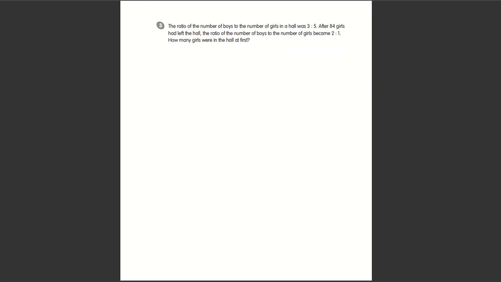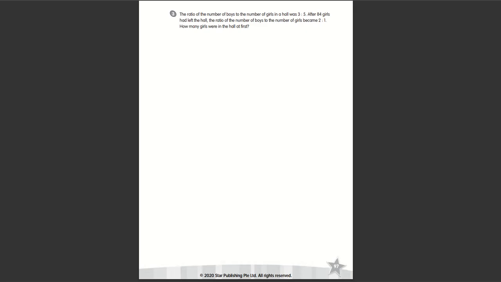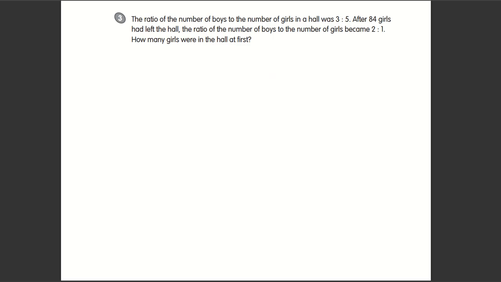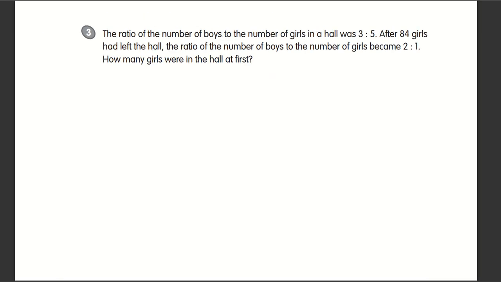Right, with that, we are going to move on to solving one question. Let's take a look at level 2 problems. Question 3, page 97 of our workbook. It says here, the ratio of the number of boys to the number of girls in the hall was 3:5.